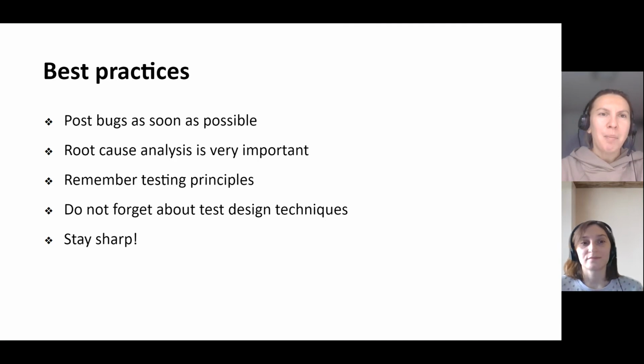Absolutely. But going to the next principle: remember always about testing principles. They're not just theoretical rules that you've learned and forget about. No, remember that your goal is not to post 1 million bugs or to find all possible bugs.